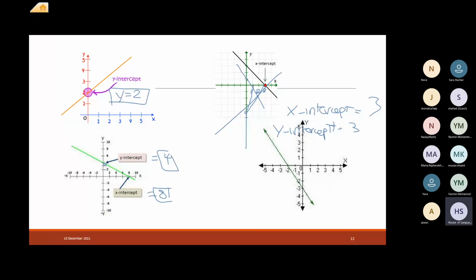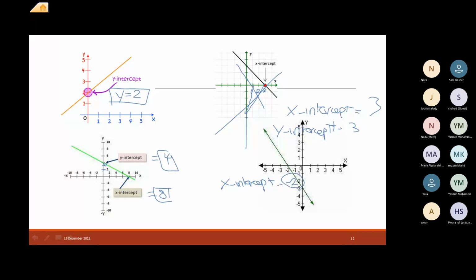What about the last one? Here. Ranim. What about the x? Teacher, can I answer after Ranim? Okay, Maria, I will let you. Where's the x-intercept? At which point? Negative.